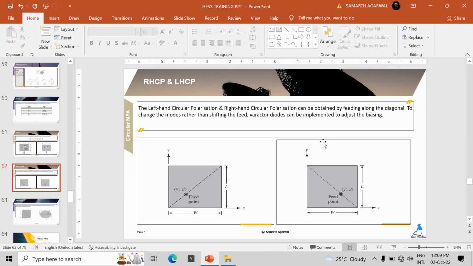Coming on to RHCP and LHCP, meaning right hand circular polarization and left hand circular polarization. Both can be obtained by feeding along the diagonal. Whatever square patch we are having, you have to feed it in such a way that it comes at the point of the diagonal line.